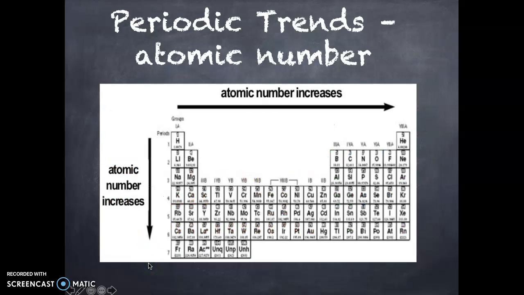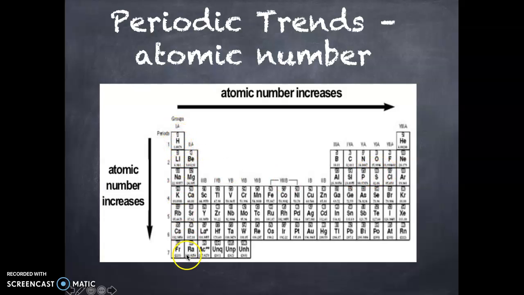All right, next we have atomic number, which you've probably figured out that as you move down the period, that number in the left-hand corner starts to get bigger. So we see that atomic number increases as you move down, and it also increases as you move to the right, because as you're moving across the period, you're adding one proton every single time.